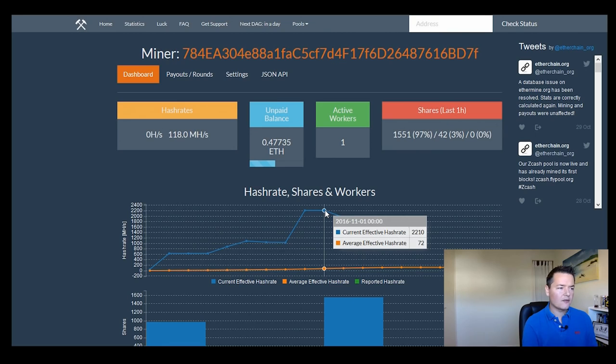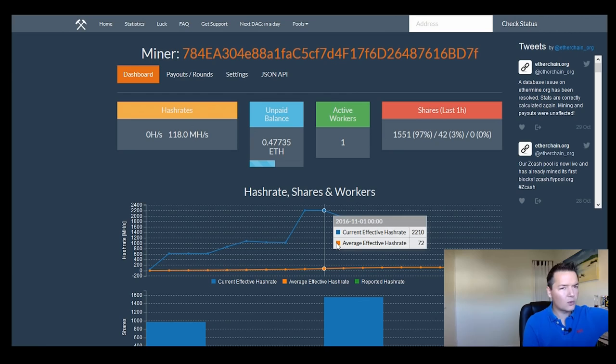If you've been watching any of my previous videos, you know that I've got some mining hardware, and before this video I was getting about 150 megahashes, and that was over a couple of different mining rigs. So to achieve 2,210 megahashes, you need quite a serious bit of hardware.